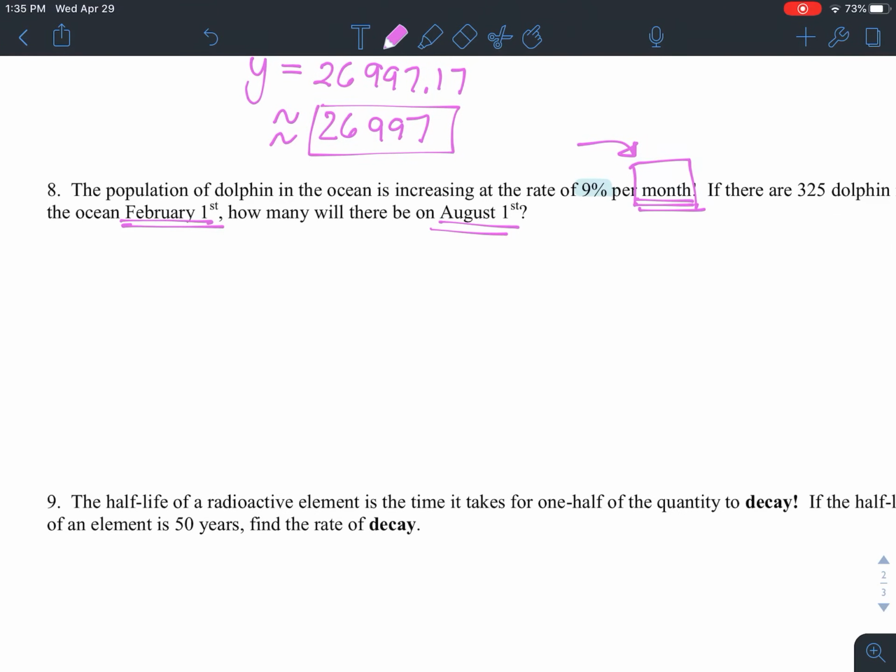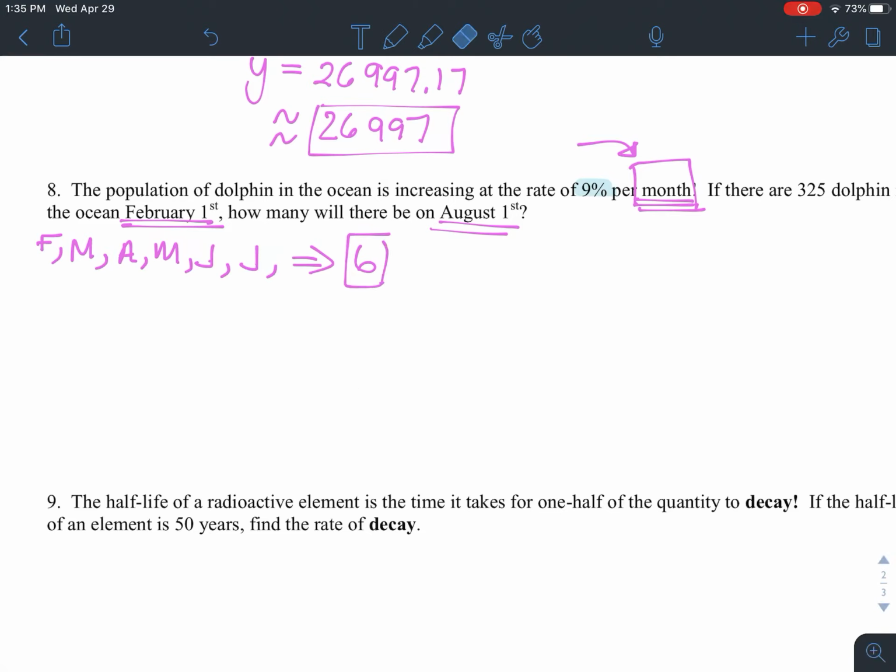Now you have to think of this. Count February, March, April, May, June, July, then you get to August. That's not a full month. So we have 6 months that we have to count, because you go 6 full months.